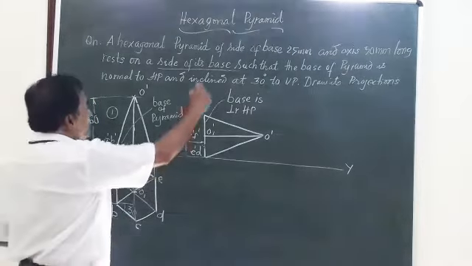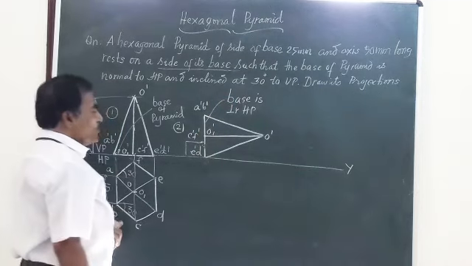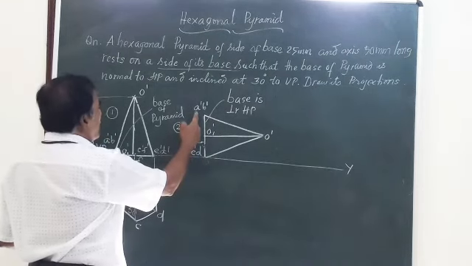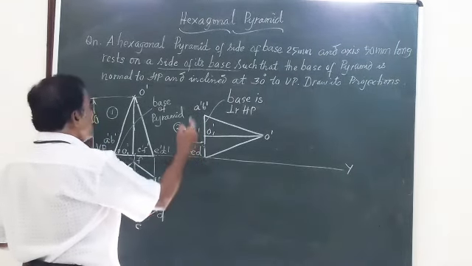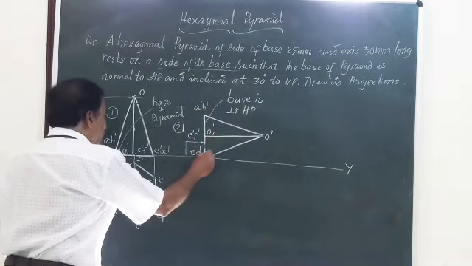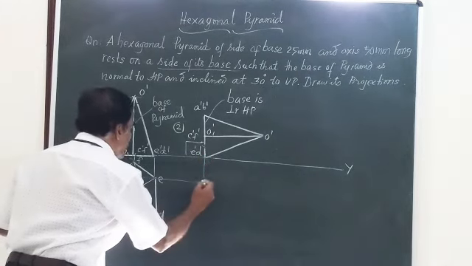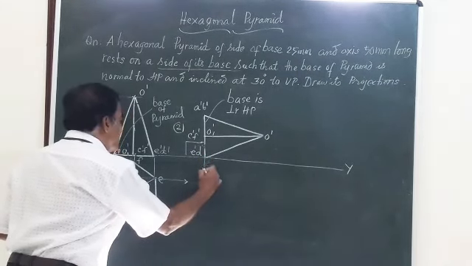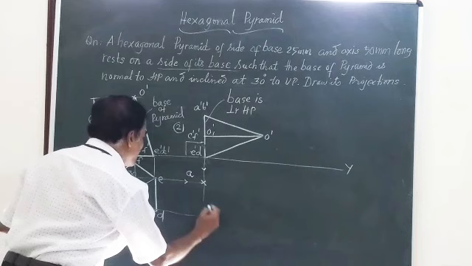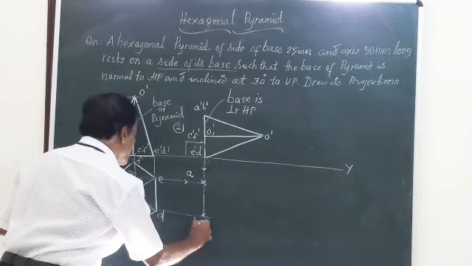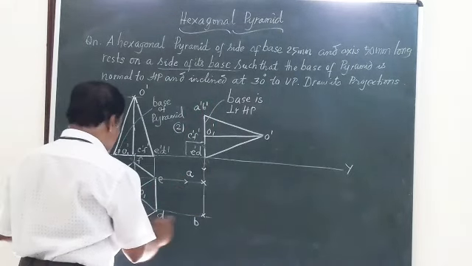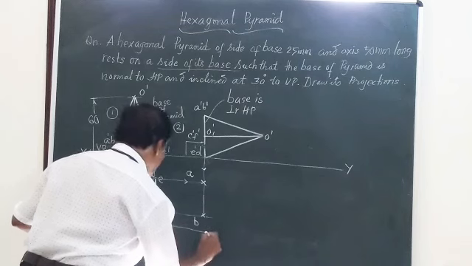Now, for this particular front view, let us get the top view. The principle is very simple. Follow the simple procedure, that is start from the point A and end with point F. To get the point A, the procedure is draw a vertical line from A dash, horizontal line from A, the point where those two intersect is point A. Likewise B, vertical line from B, horizontal line from B, and this point is going to be B. Then C, vertical line from C, horizontal line from C. You will get this point C here.